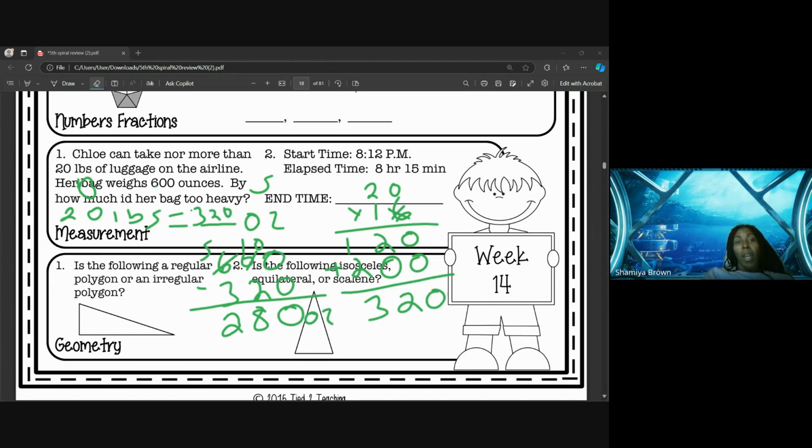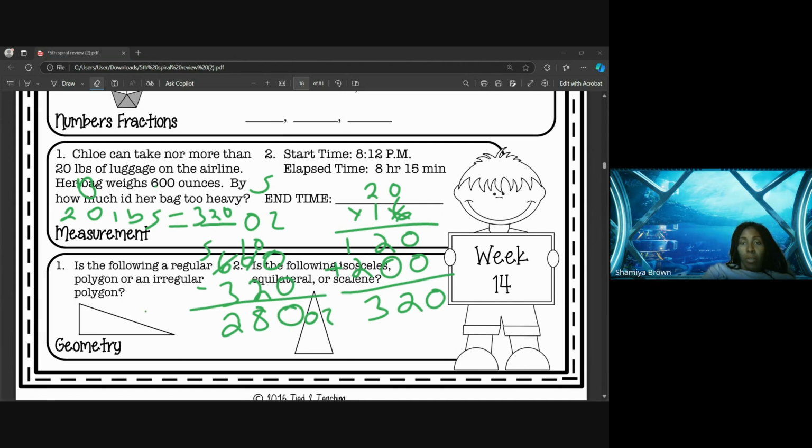But her bag actually weighed 600 ounces, so it was over by too much. They want to know how much it was too heavy, and it ended up being 280 ounces too heavy. So she needs to take some stuff out of her bag so she can get on the plane.